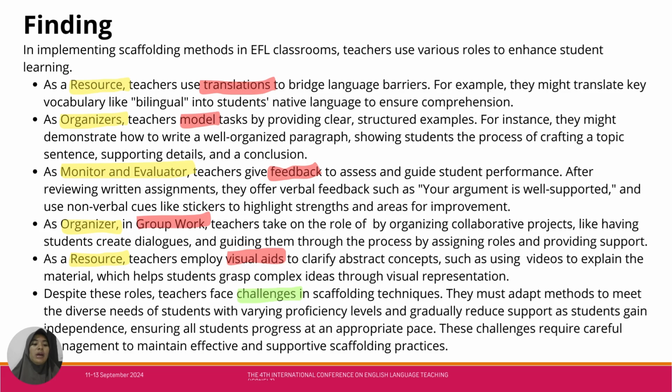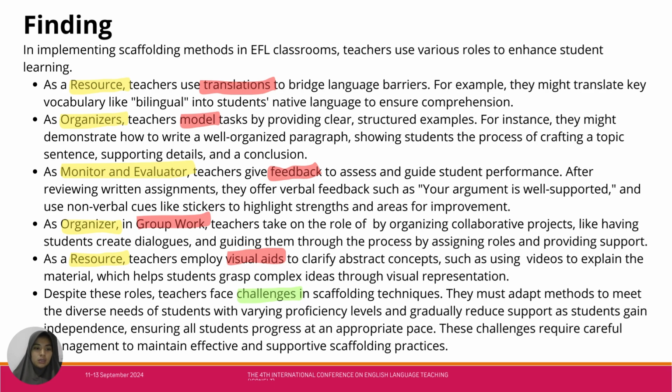Okay, but before that, I give the color here, the highlight: the yellow is for the teacher's role, to answer research question number one, and then the red color here is the kinds of scaffolding strategies to answer research question number two.